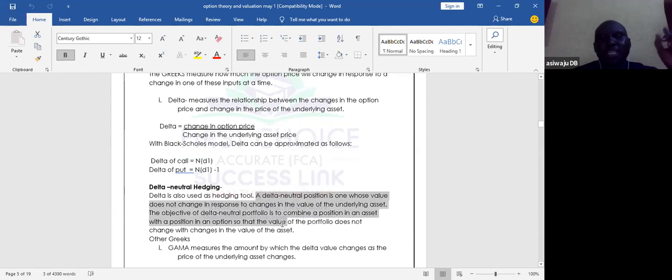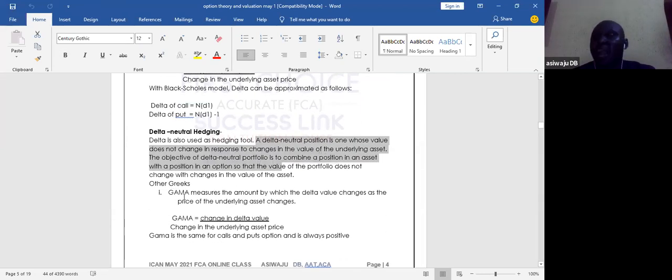Its value does not change in response to changes in the value of the underlying asset. The primary objective of a delta neutral portfolio is to combine a position in the asset with a position in options so that the value of your portfolio does not change. When we get to computation, I will demonstrate this.